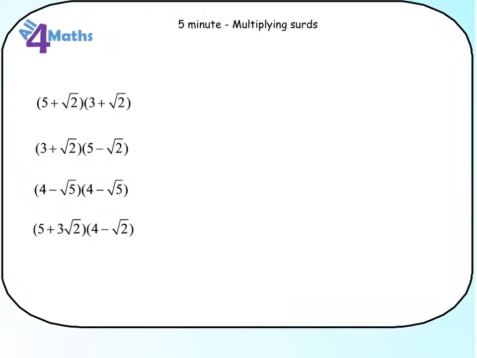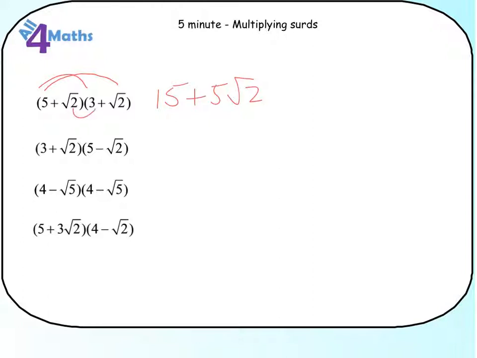The last part of this video is just a slight extension on multiplying surds. We're going to try and use brackets to try and take it onto that next little step. So looking at the first example, we've got 5 times by 3, which is 15. We've then got 5 times by root 2, so I'm going to be adding on 5 root 2.